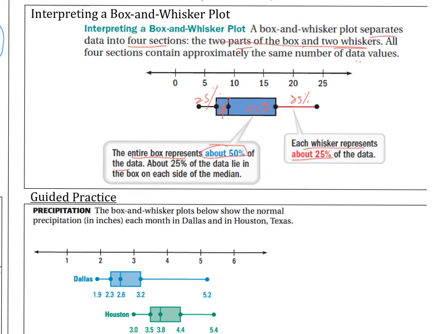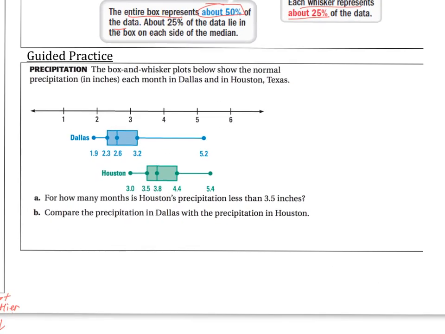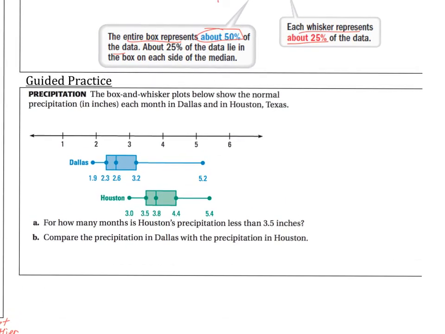And you can actually calculate a certain number from knowing this concept. So let's look at a real life question here. Precipitation, meaning raining. The box and whisker plots below show the normal precipitation in inches each month in Dallas and in Houston, Texas. Part A. For how many months is Houston's precipitation less than 3.5 inches? So I am going to look at this part of the graph.